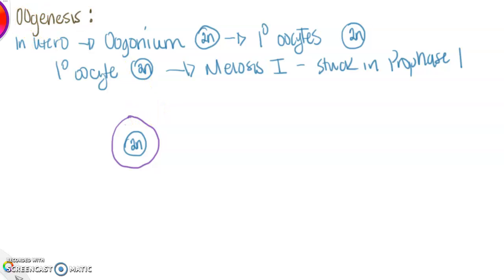And this follicle is, let's see, another color here. So this follicle is covered or surrounded by little flat cells. And these are not squamous cells, they're not epithelial cells, but they're flat cells, kind of like squamous cells. And these cells are called granulosa cells.